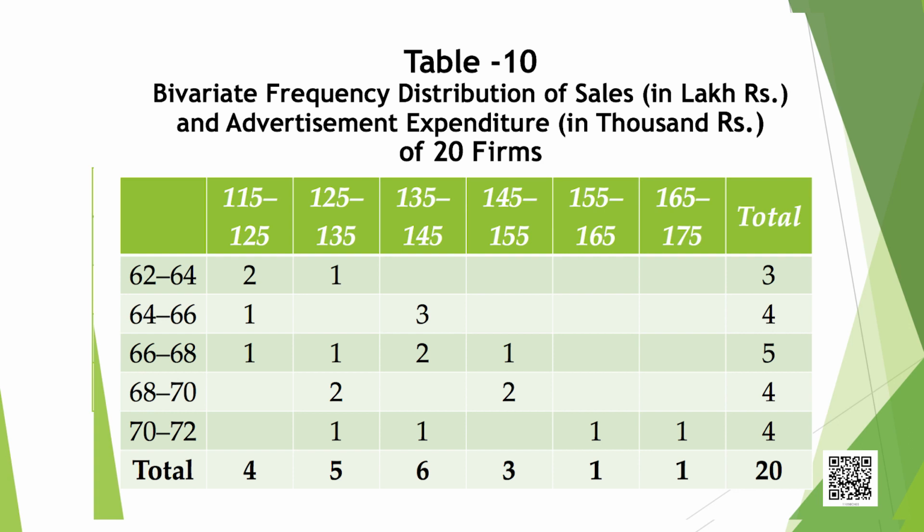Each cell shows the frequency of the corresponding row and column values. For example, there are 3 firms whose sales are between rupees 135 and rupees 145 lakh and their advertisement expenditure are between rupees 64 and rupees 66,000. The use of a bivariate distribution would be taken up in the chapter on correlation.